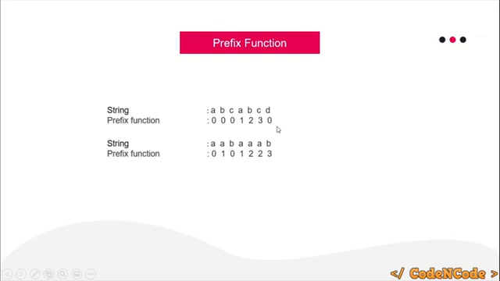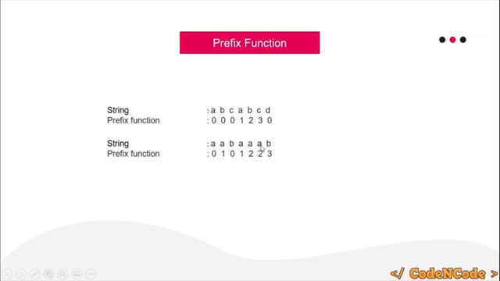For the rest of it, you can read more on cpalgorithm.com. I'll be posting the link in the description of the video about the prefix function, because I am following cpalgorithm.com as a reference for this whole course.